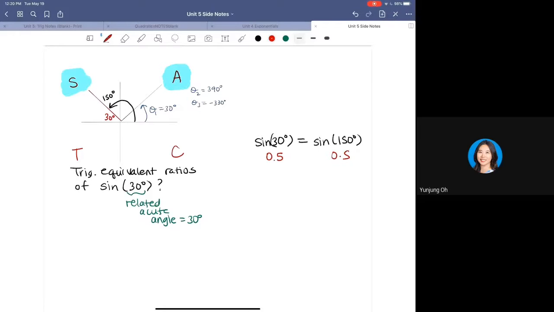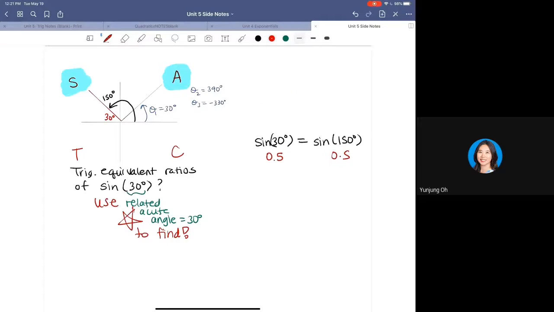I had to use the related acute angle to find the equivalent trig ratios. Let me write that down. Over there: use related acute angle to find. Okay, so what's another one?